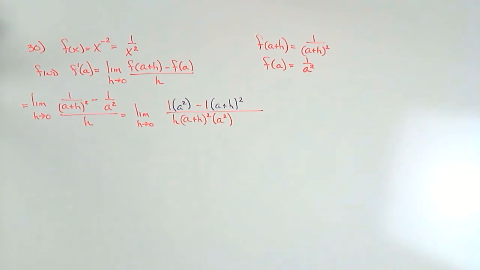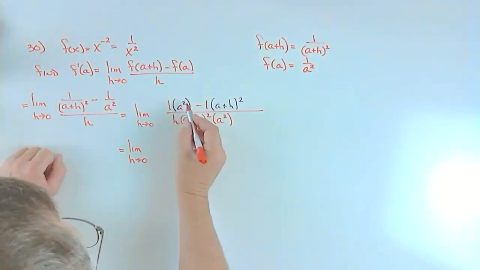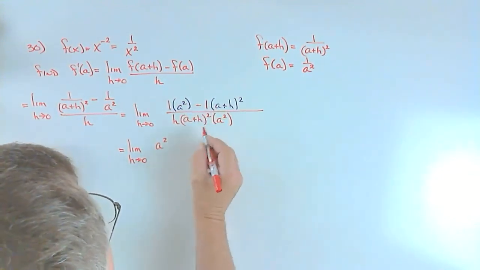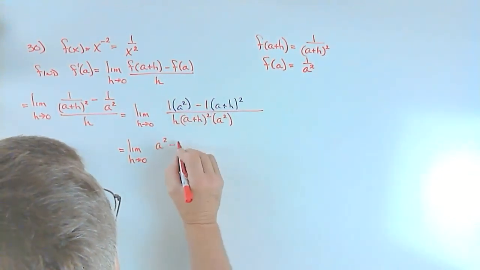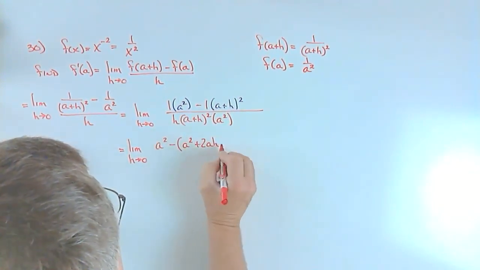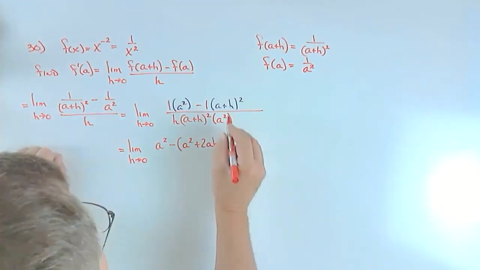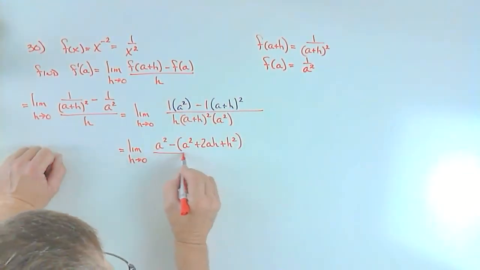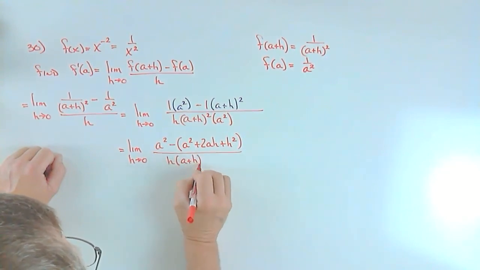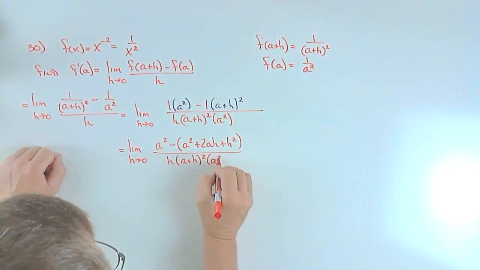Right? So when we multiply this out, what are we going to get? We're going to get the limit as h goes to 0. We have a squared, 1 times a squared is a squared, minus 1 times a plus h squared. So that's minus a squared plus 2ah plus h squared, when I FOIL that out, all divided by h, a plus h squared, a squared.